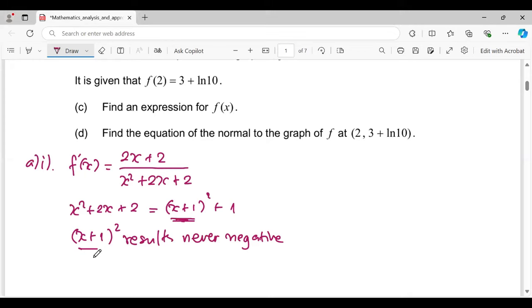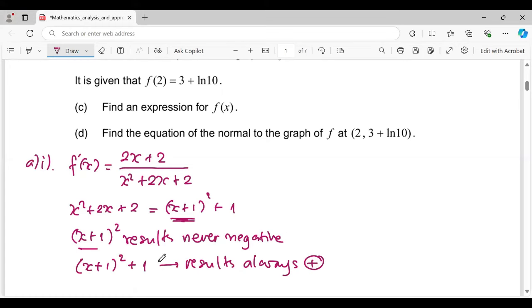So it means (x + 1) squared + 1 is always a positive number. Because, as I told you, this term, even if you substitute with negative numbers and 0, is never negative; the result will be positive or 0.